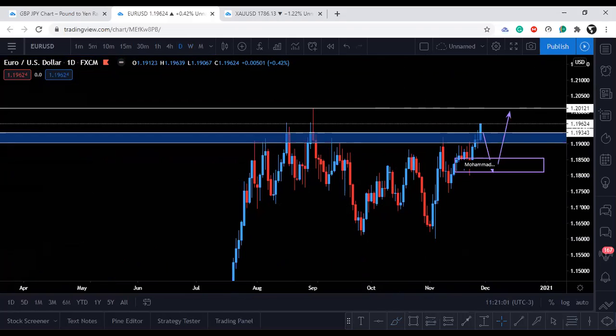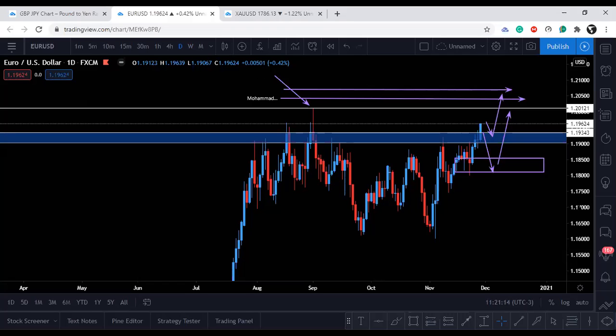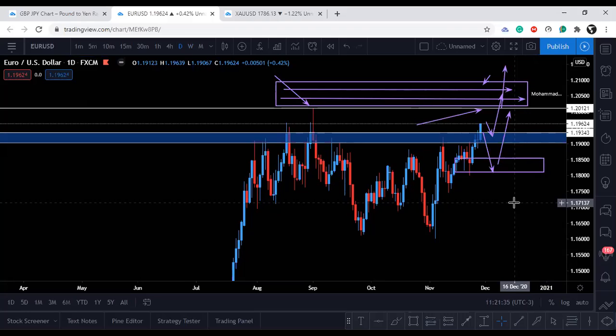And secondly, if the market simply goes like this, and for some unforeseen events it breaks the level of this wick, all this area is stop losses of a lot of short sellers. Once it triggers this area, there is going to be a massive push to the upside. So you have to be very careful around all this area so that you may catch good pips. This area is where the short sellers' stop losses will be placed.